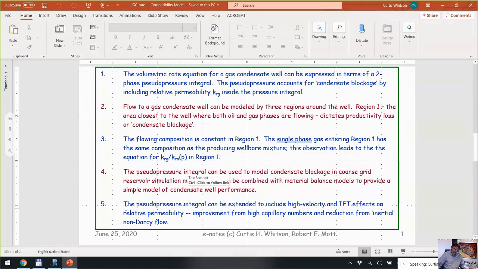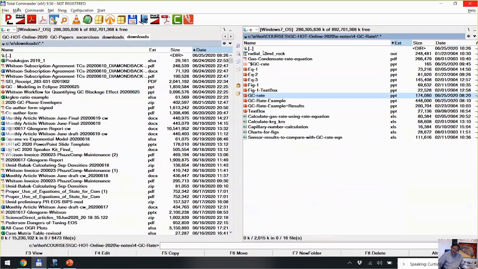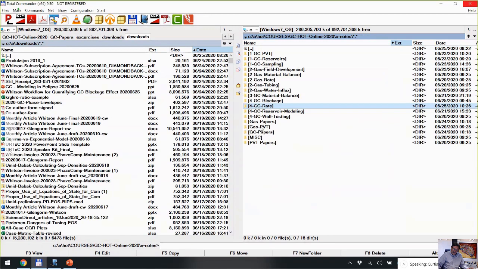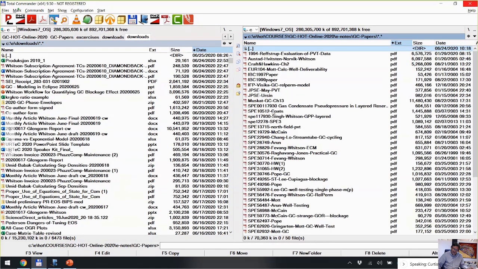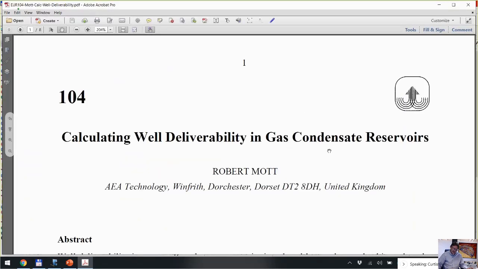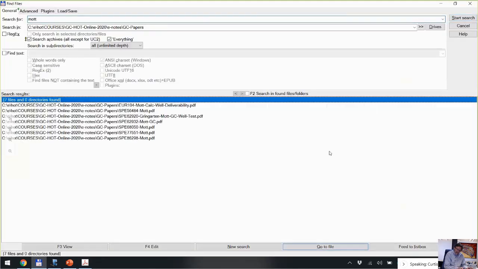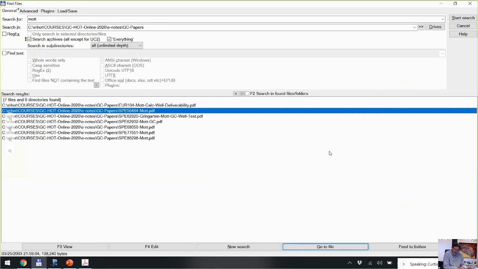So that was point 4, and I was going to try to find this link to Bob's paper. Maybe this one here. Not sure. Let me see. I get several.